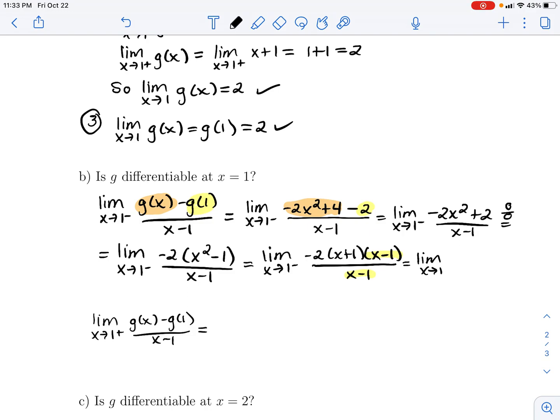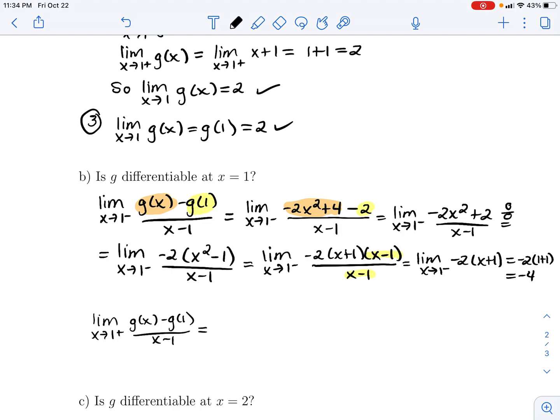And so once we cancel, we get negative 2 times (x plus 1). And then plugging in, we get negative 2 times (1 plus 1), which is negative 4. Okay, so for the limit from the left, considering the left-handed limit, I get that it's negative 4.